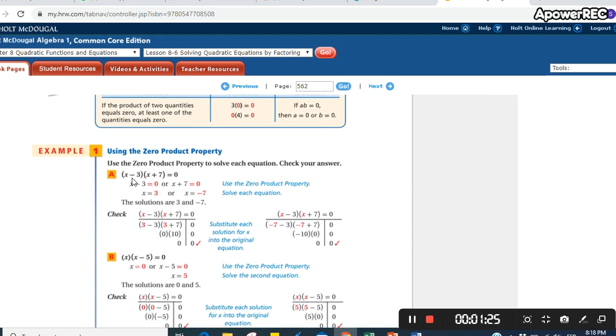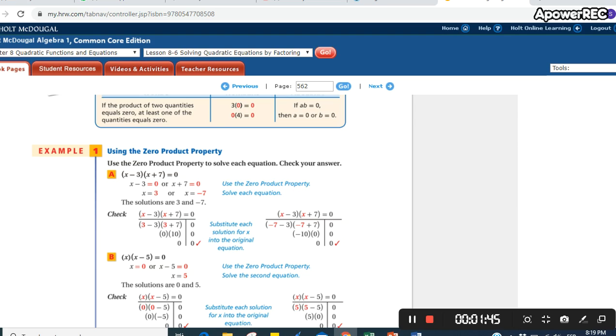So in this case over here, if they give you these two parentheses, what we normally do is that we equal each of these parentheses to 0 and we find the value for the variable by leaving the x alone. That's exactly what they do on this first part over here.